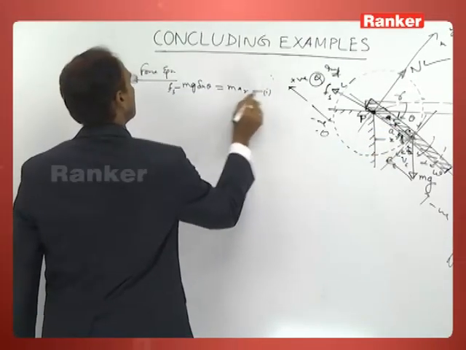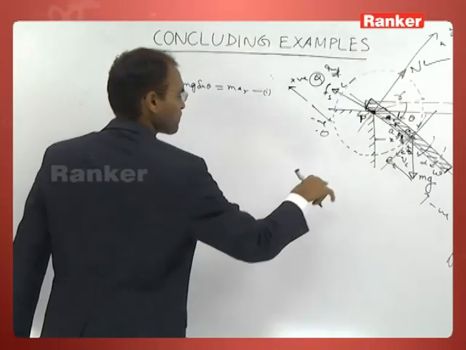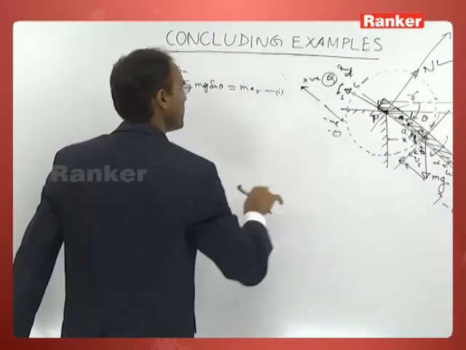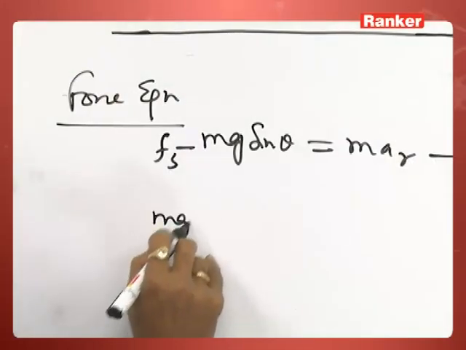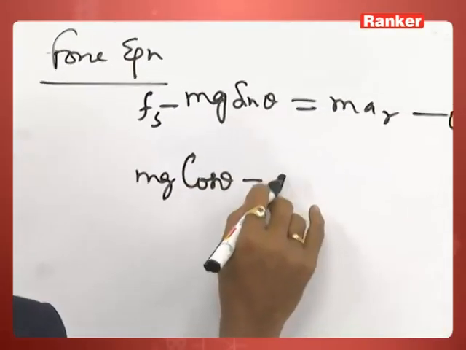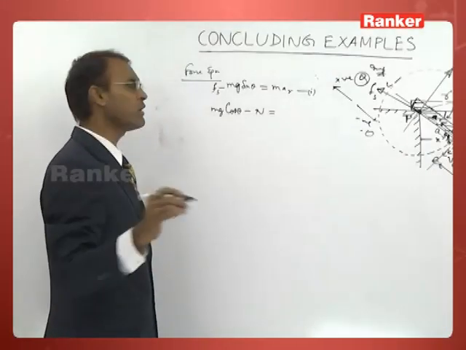Equation number 1. And the second equation, along the tangential direction or along the y direction, is mg cos theta minus N equal to m into AT. We are not writing any new equations, the same equations.